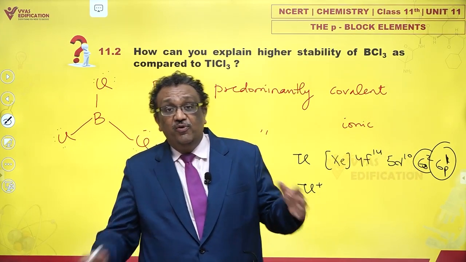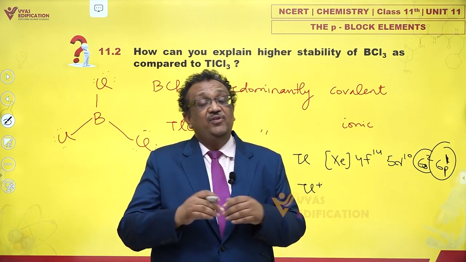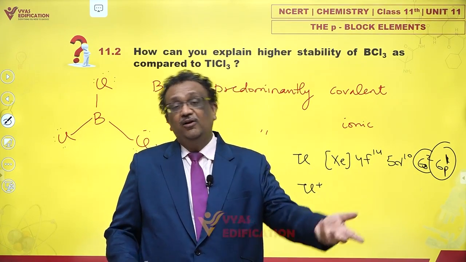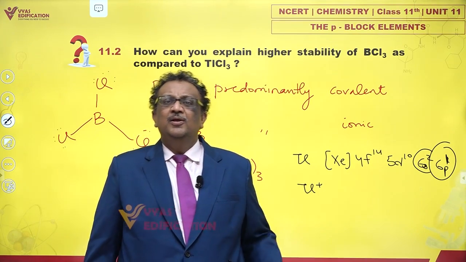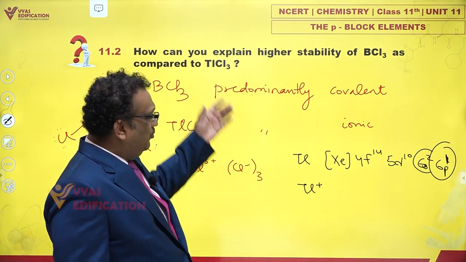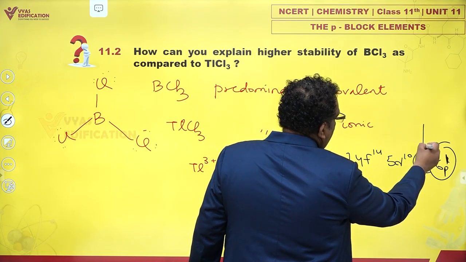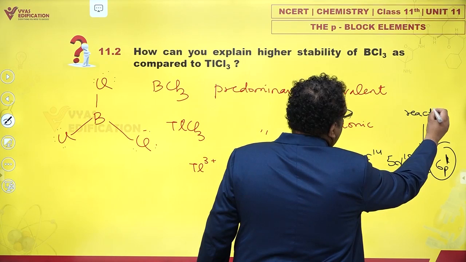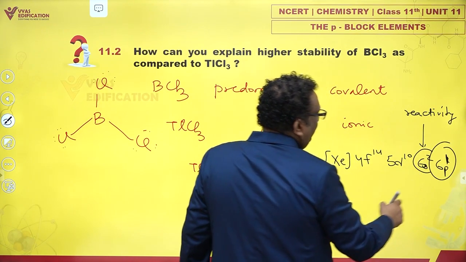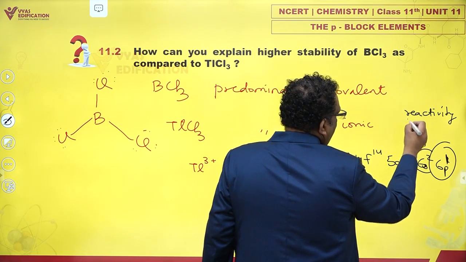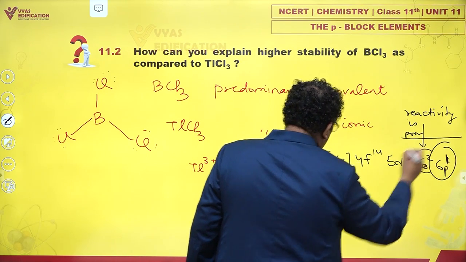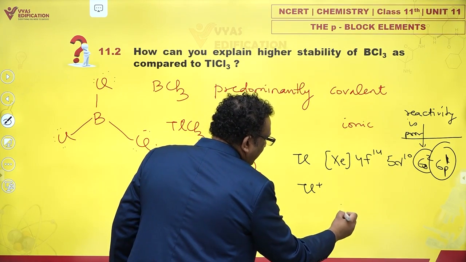If electrons are spread over larger volume, they are more stable. If they are more stable, it is more difficult to lose them. So primarily what you find is, on moving down the group, the reactivity of this electron pair becomes very, very poor. And this is called inert pair effect.